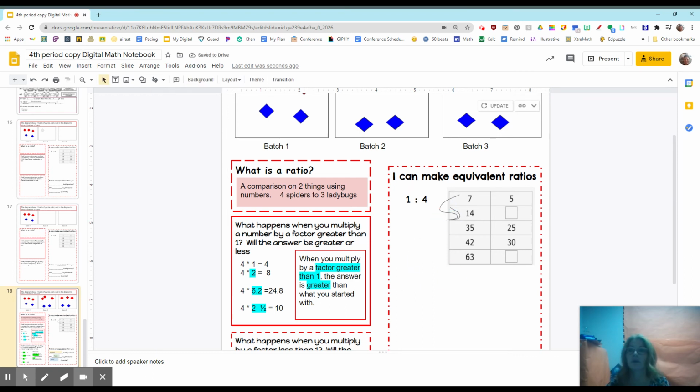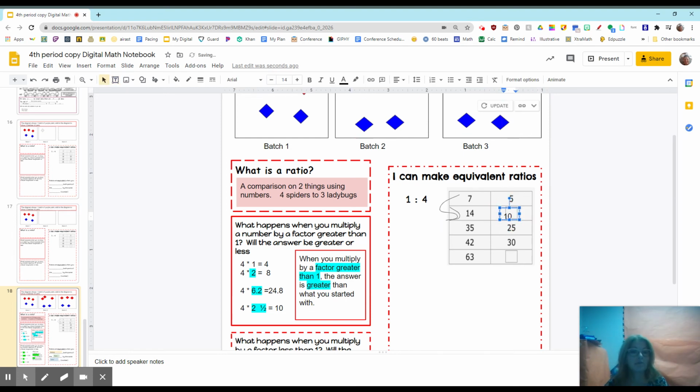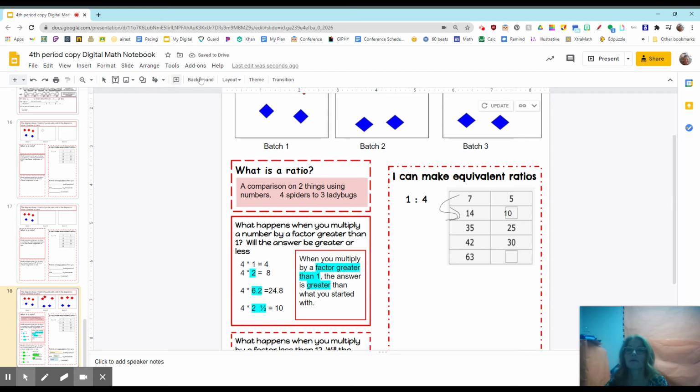So 5 times 2 is 10, because we have to do the same thing to both parts of our fraction. So down here, we need to think about 7 times what equals 63.